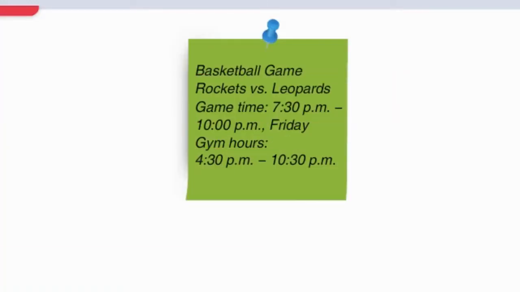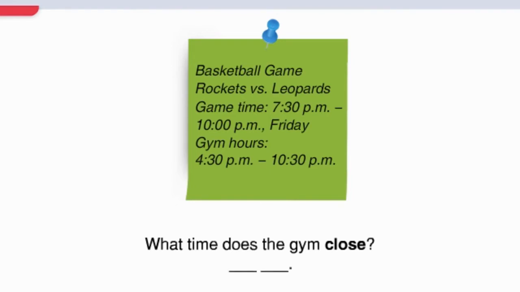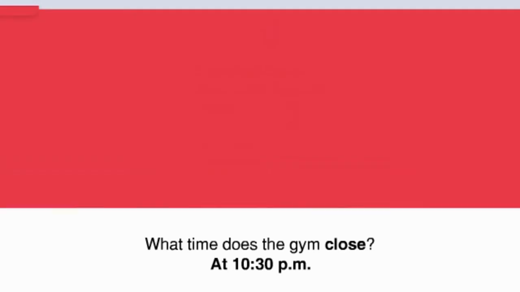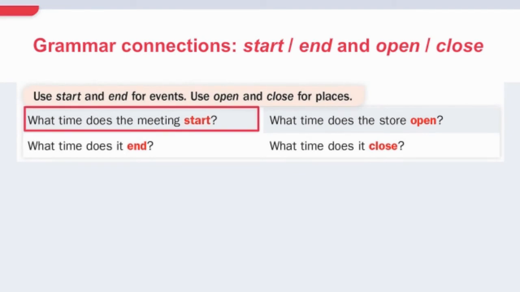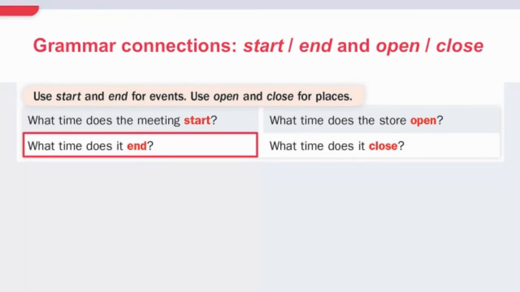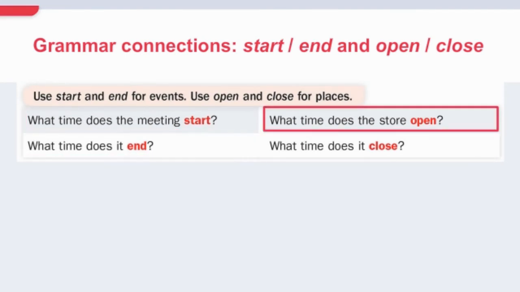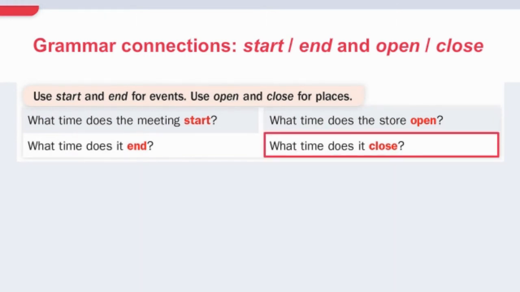Listen to the question. Look at the picture. Answer the question. What time does the gym close? At 10:30 p.m. Let's review. What time does the meeting start? What time does it end? What time does the store open? What time does it close?